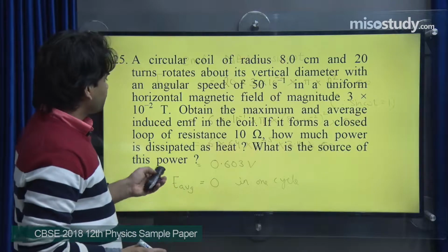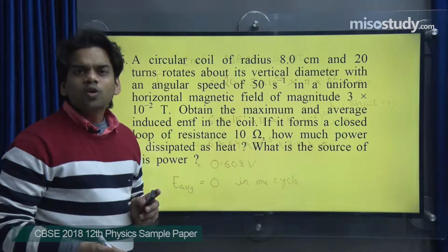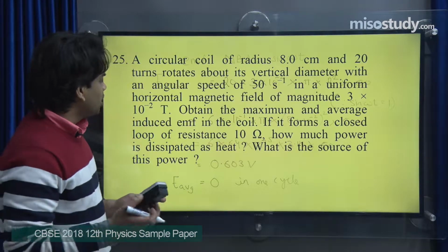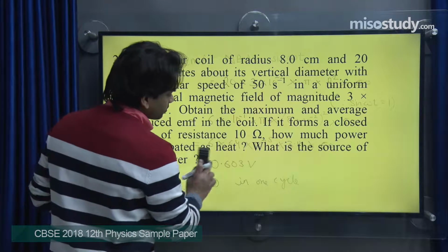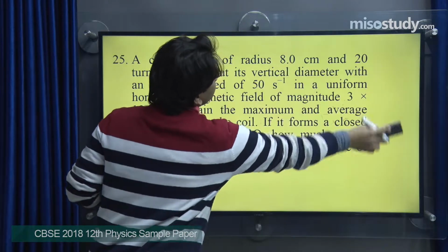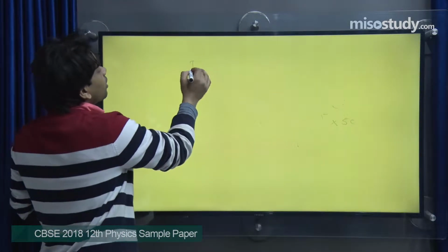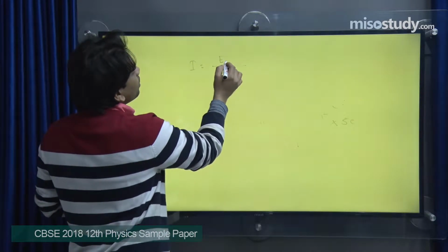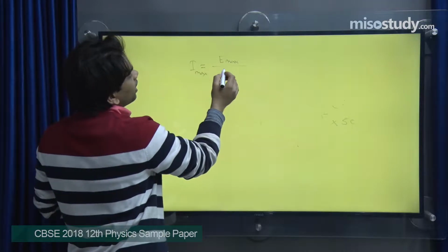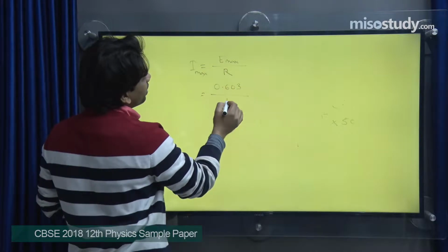Next, we are required to find, if it forms a closed loop of resistance 10 ohm, how much power is dissipated as heat. So can we find out the current? The maximum current will be E max by R, that is 0.603 by 10.